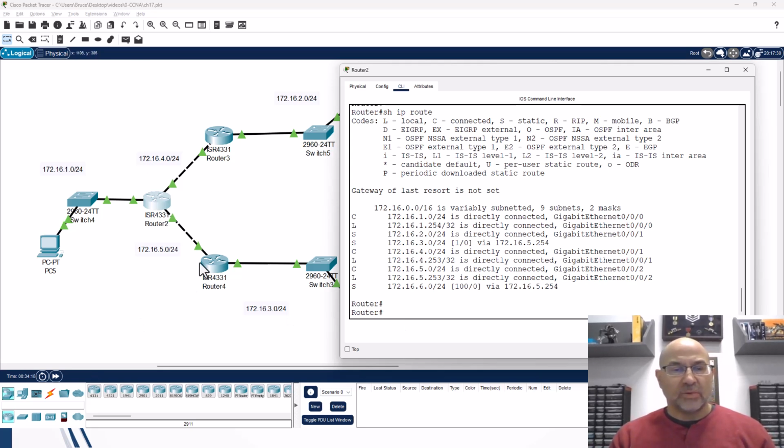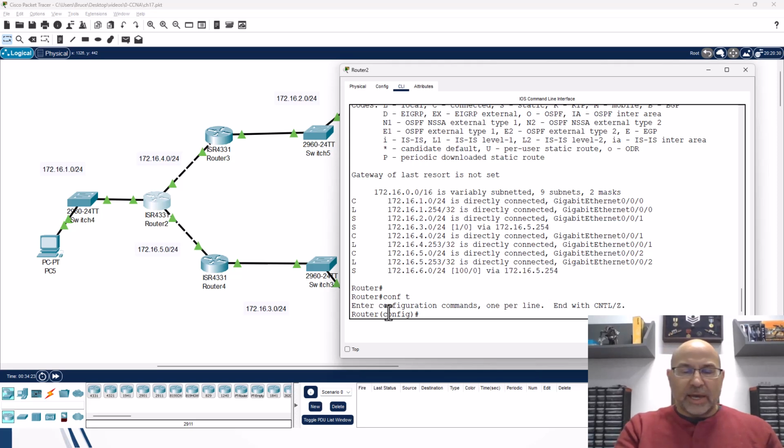So that's down here. So the way that I would do a default route is I would say IP route, but the destination network here is everybody. So 0.0.0.0. Well, what would be the mask that would match everybody in the ending process? It would be 0.0.0.0.